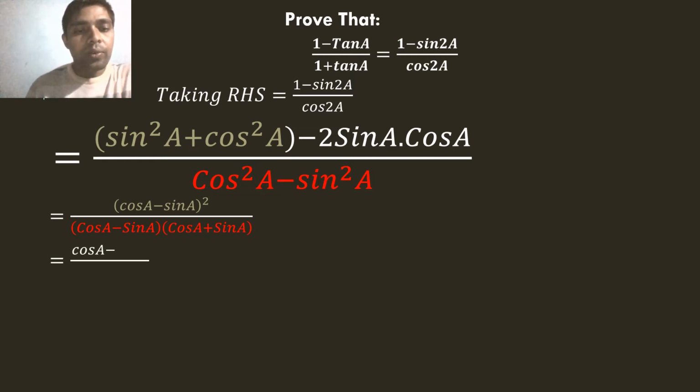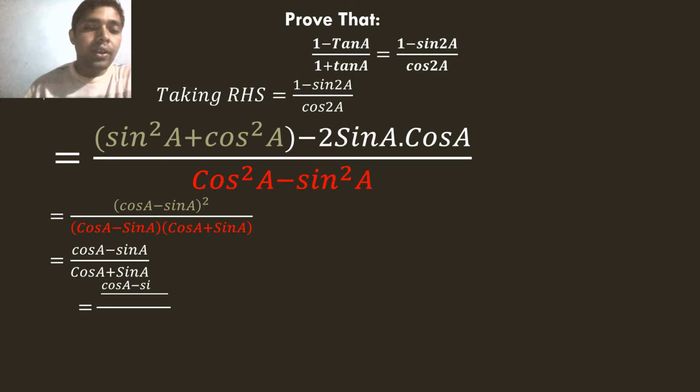So now in the numerator we have cos a minus sin a, and in the denominator we have cos a plus sin a. We have got everything in cos and sine format, and now we have to convert to tan format. If you have to convert to tan format, there is only one way: divide each term by cos. So we divide the numerator by cos a and the denominator by cos a.